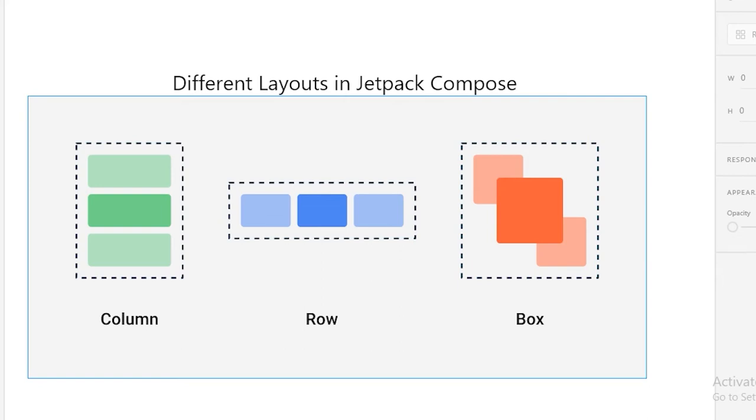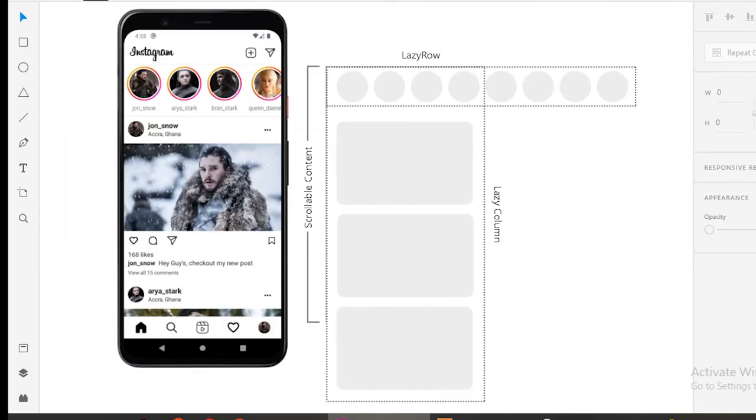Okay, so now we need to see the scrollable content, how we can build the scrollable content. So let's see that. Okay, so this is the scrollable content we need to design. In this scrollable content there is a big lazy column.